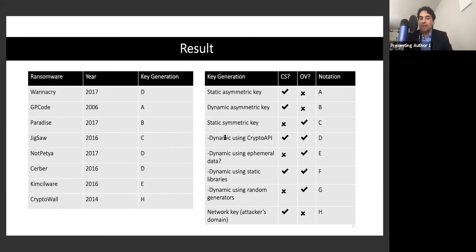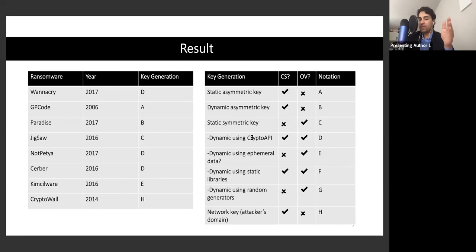So WannaCry dynamically generates the symmetric keys that it uses to encrypt the files using the crypto API. It makes a call to CryptGenRandom that generates the random bytes that it needs. Then it uses those to formulate a key, and that's what it uses to encrypt.